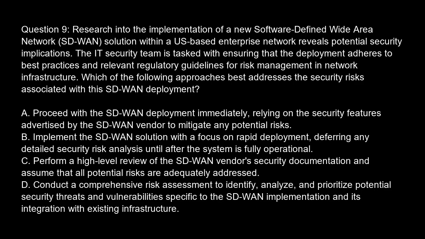Option C. Perform a high-level review of the SD-WAN vendor's security documentation and assume that all potential risks are adequately addressed. Option D. Conduct a comprehensive risk assessment to identify, analyze, and prioritize potential security threats and vulnerabilities specific to the SD-WAN implementation and its integration with existing infrastructure.